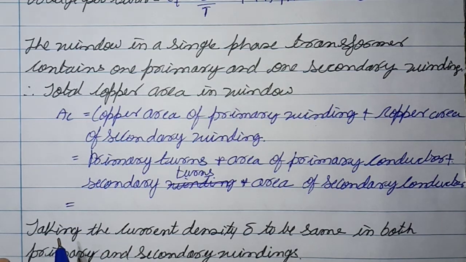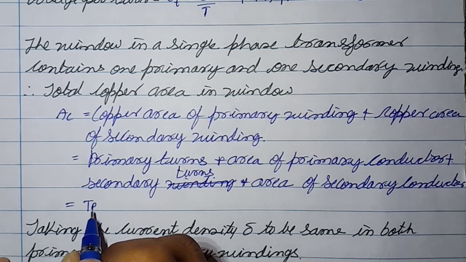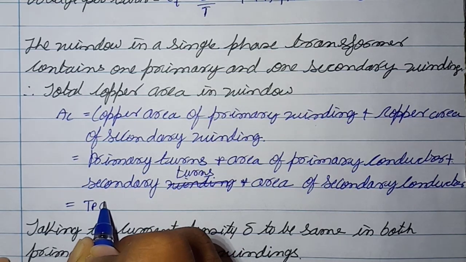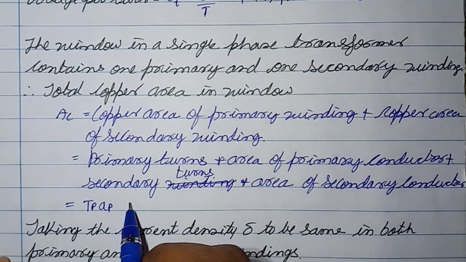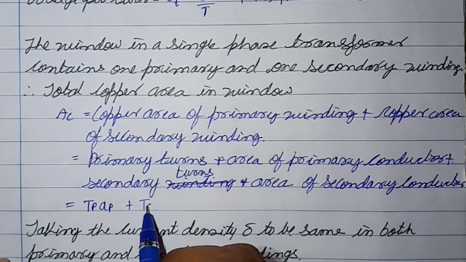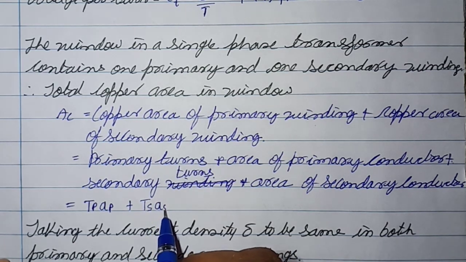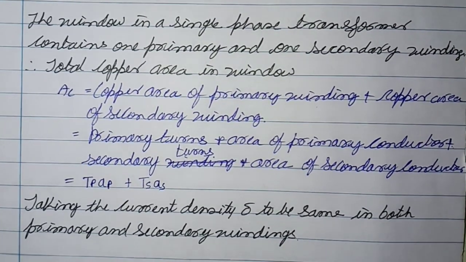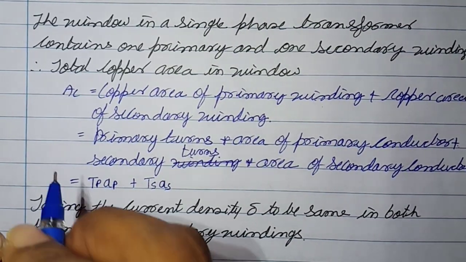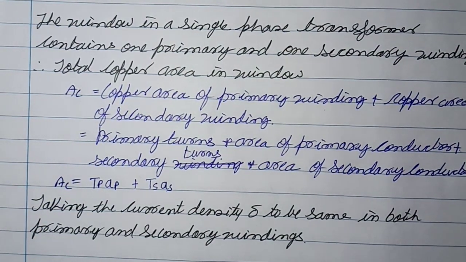So AC is equal to, as we have, right, TP, that is the number of turns in the primary, into AP, that is the area of the primary conductors, plus TS, that is the number of turns in the secondary, and we have the AS, that is the area of conductors in secondary.